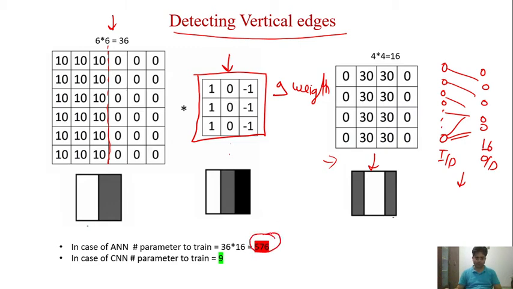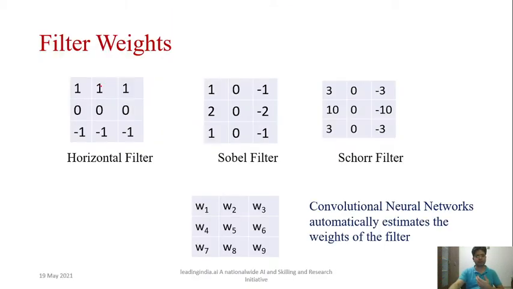But the same task with the help of the convolution operation we are doing with only 9 weights. In that way, we are sharing these weights across the entire input. That proves that we are using the weight sharing concept here, and that is the beauty behind the convolution operation, or convolutional neural network.